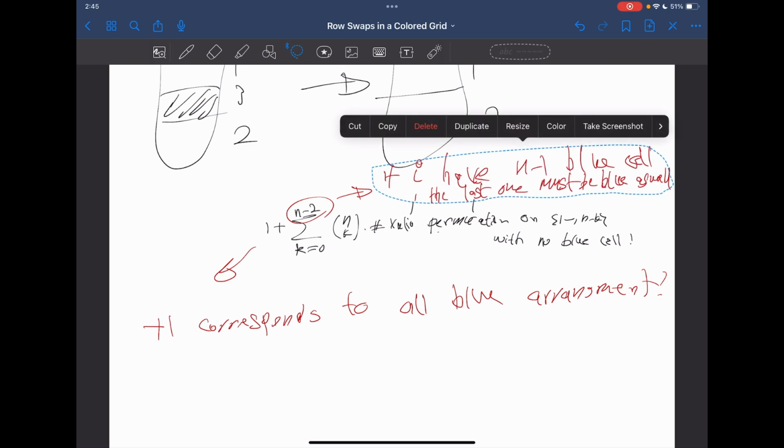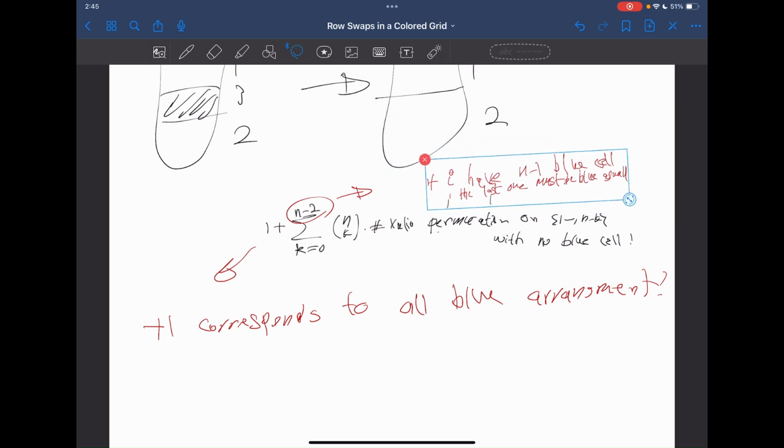Right, this is obvious. I cannot have just n minus 1 blue cells. If the n minus 1 values are 1 to n minus 1, the last one must be n as well. That's why I put n minus 2 here.